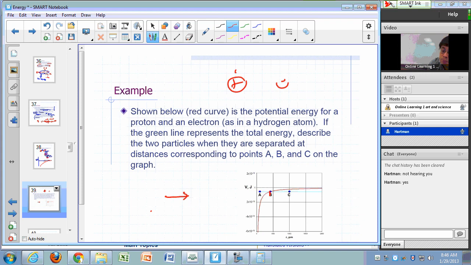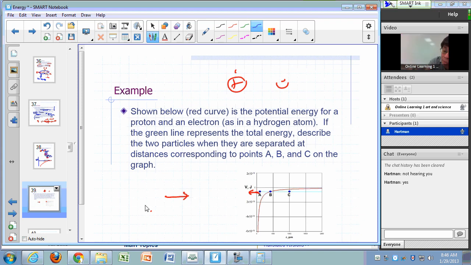Then it's just going to speed up towards the proton and crash into the proton. What happens if the electron was at point A and heading towards the proton? It's just going to keep speeding up, reach infinite speed, and crash into the proton, according to this diagram.